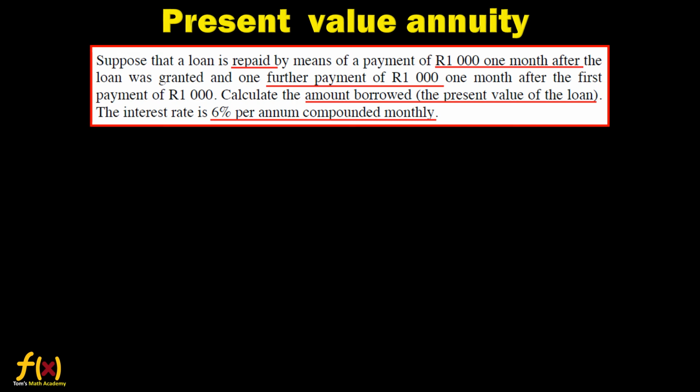For example, 1,000 rand is paid every month. What was the loan? That is the question. Suppose the loan is repaid by means of 1,000, starting 1 month after. So in this formula, we have a beautiful formula here.